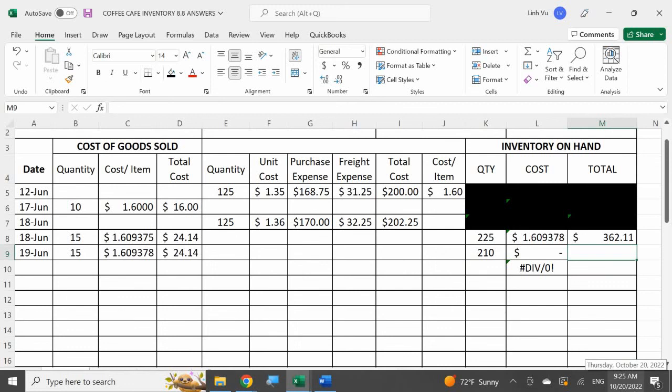It would be the same, 1.609378. No. What costing method are we doing? Average cost. So no, your cost per item will always be changing. It will never be the same.